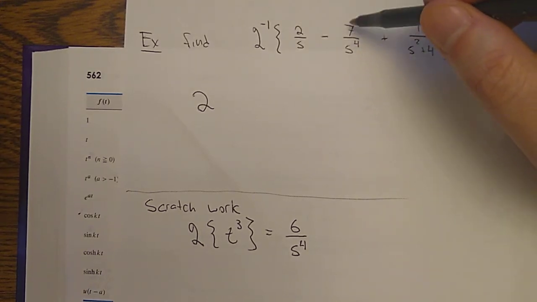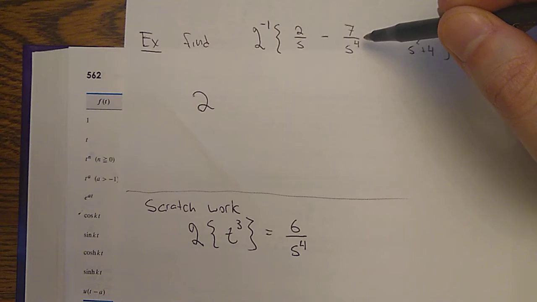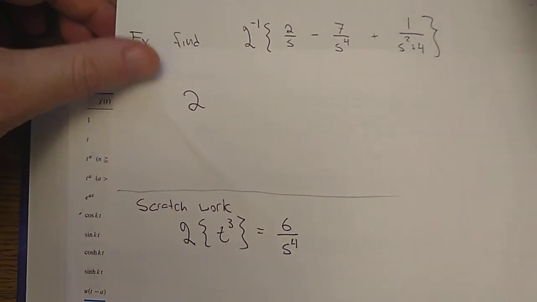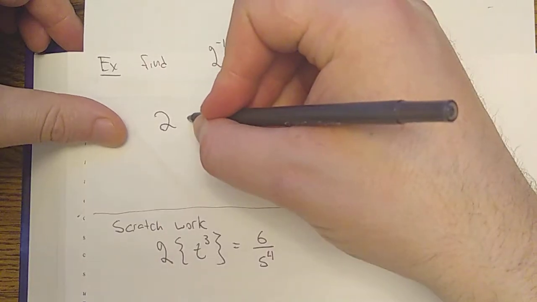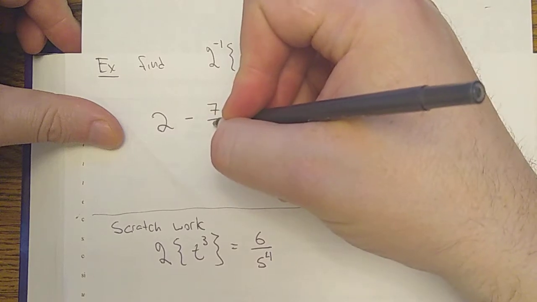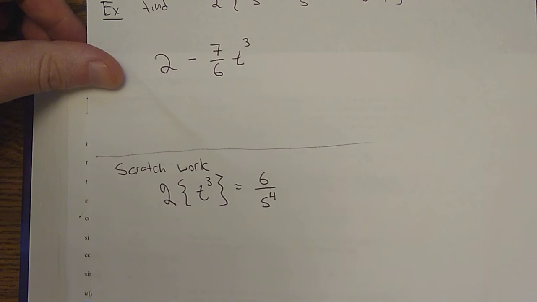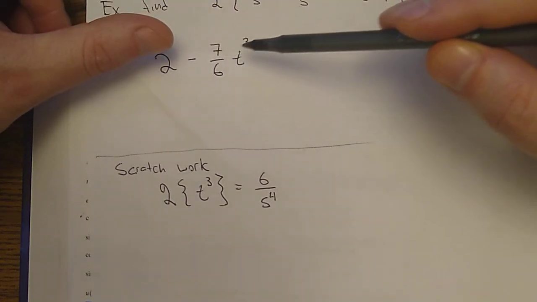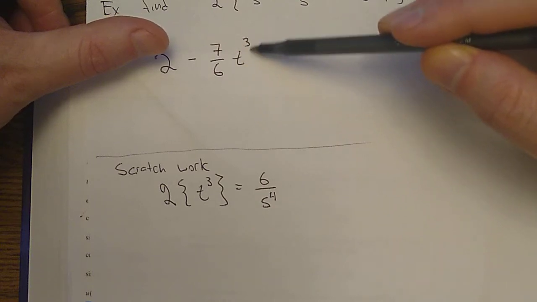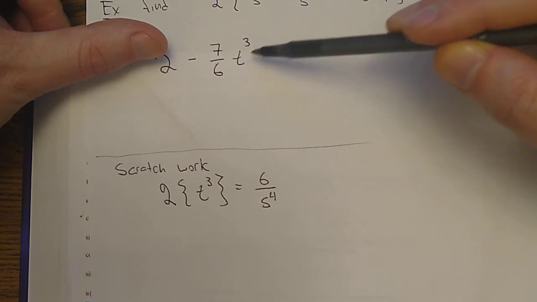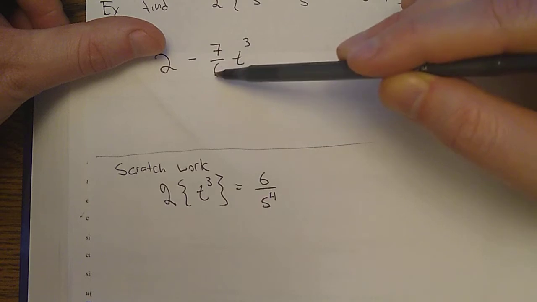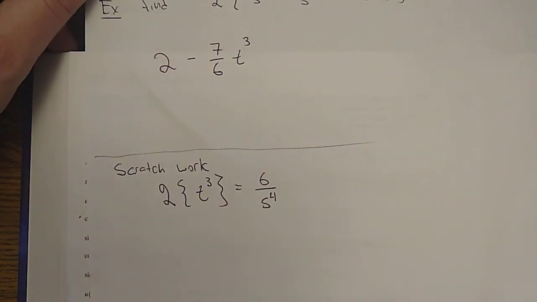I would like negative 7 over s to the 4th. So probably the way to fix this is to write negative 7/6 t cubed, right? Because, once again, the Laplace transform of this would be 6 over s to the 4th. The 6's would cancel, and I would get negative 7 over s to the 4th.